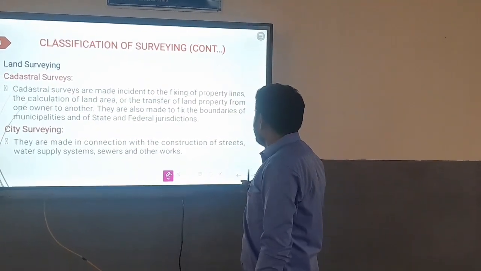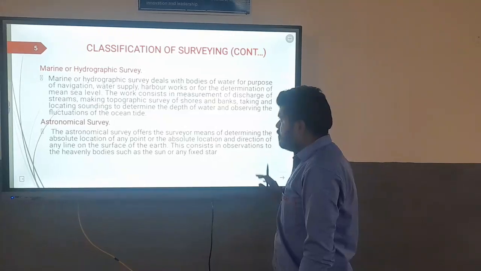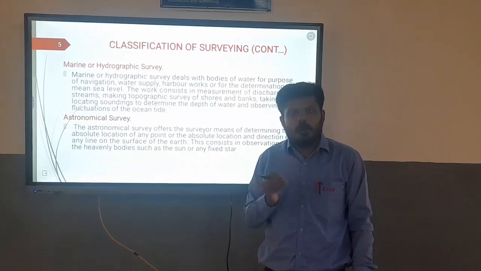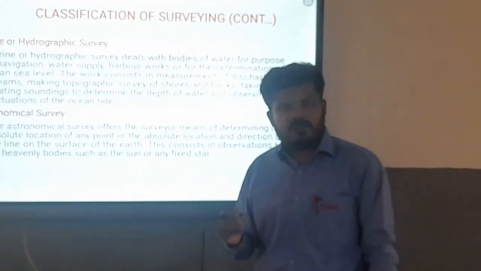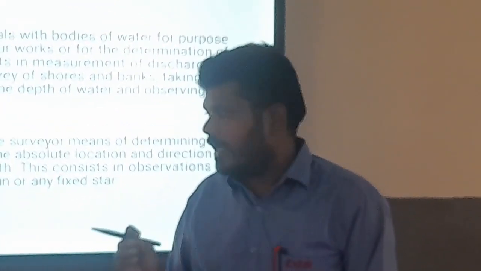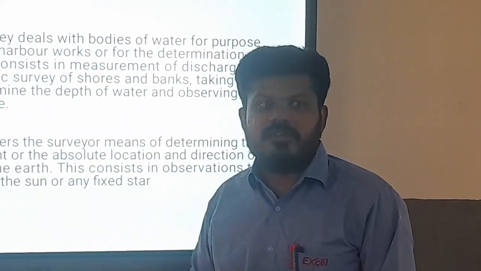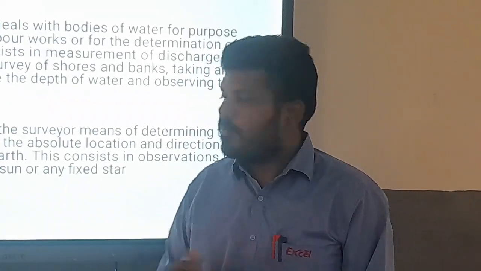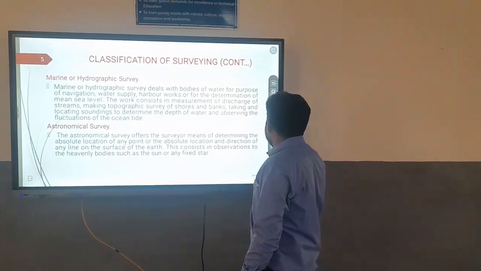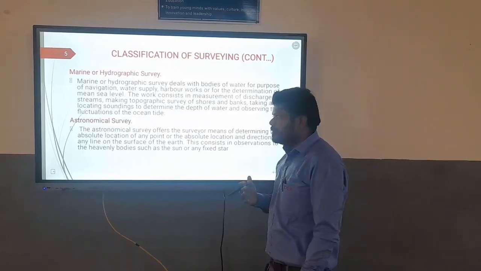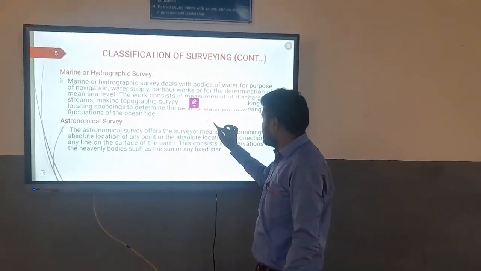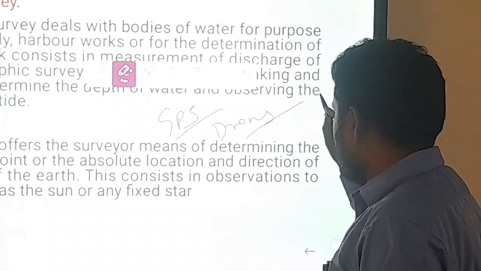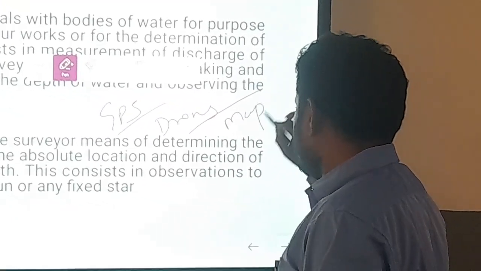And we are also moving to the marine survey. Marine means surveys in the sea or in water bodies, taken for measurement. And astronomical survey means a survey based upon GPS systems and many aerospace systems, by using GPS, drones and maps.